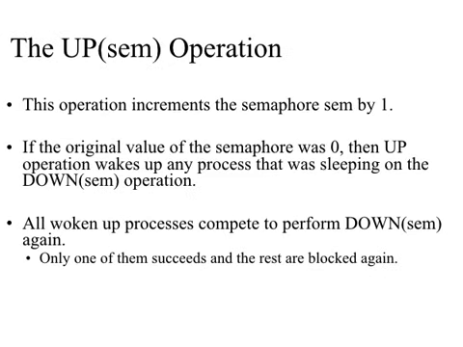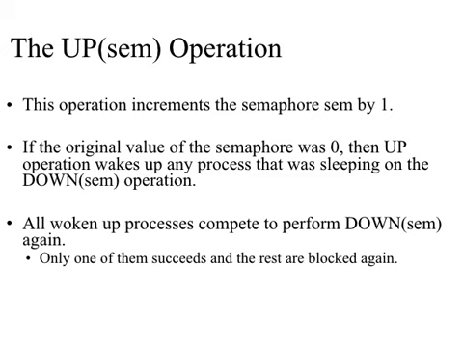Now the up operation is simpler than down. The up operation will always succeed. It will always increment the semaphore by 1. If the original value of the semaphore was 0, then the up operation will also have a side effect.